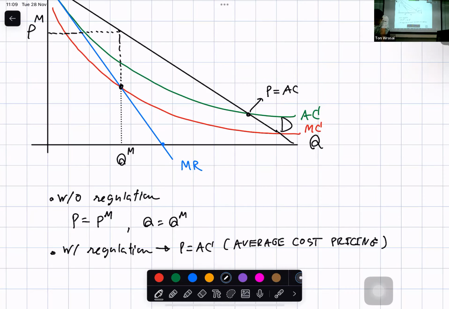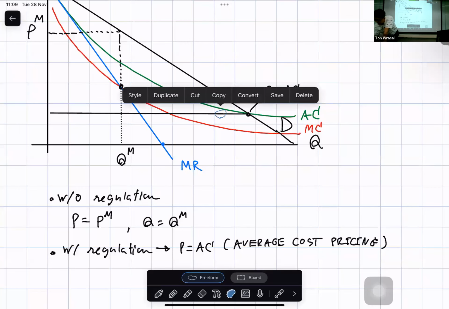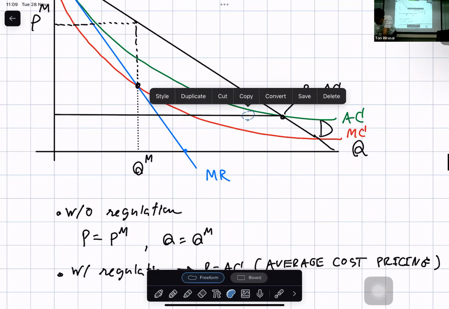P equal to AC. Consumer would be quite happy if this measure is introduced because price will become a lot cheaper compared to without regulation case.